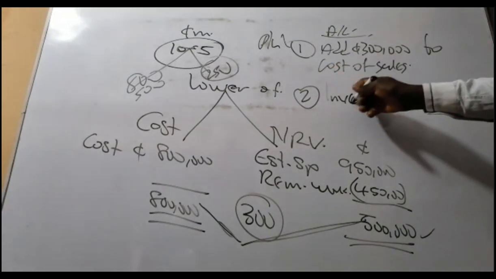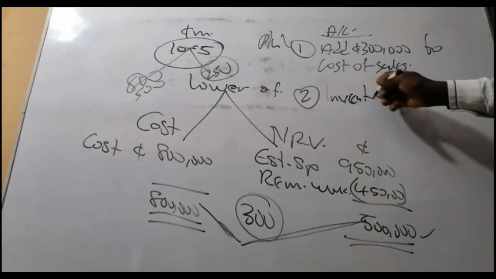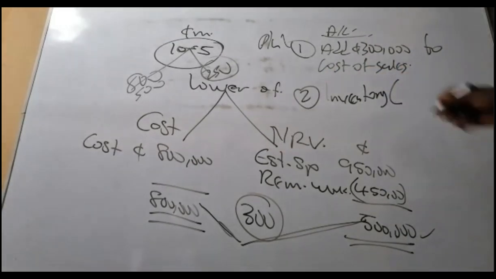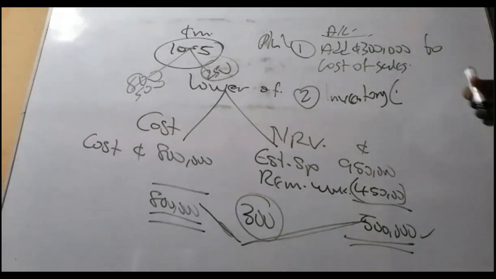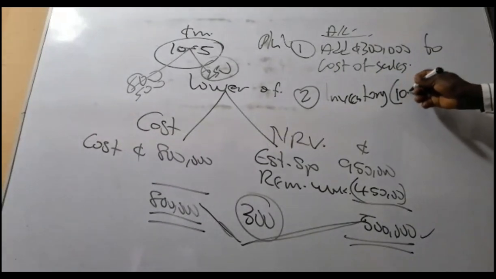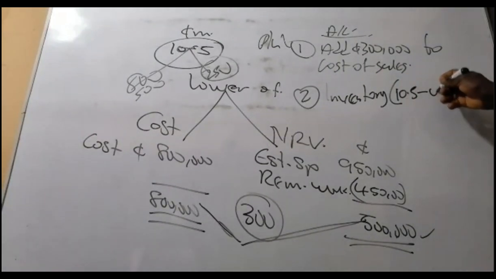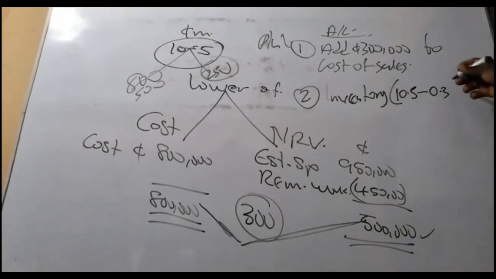The closing inventory will be 10.5 million less what? 0.3 million. So 10.5 less 0.3 million will give us what? 10.2, right? 0.3 million. So that's the written down.